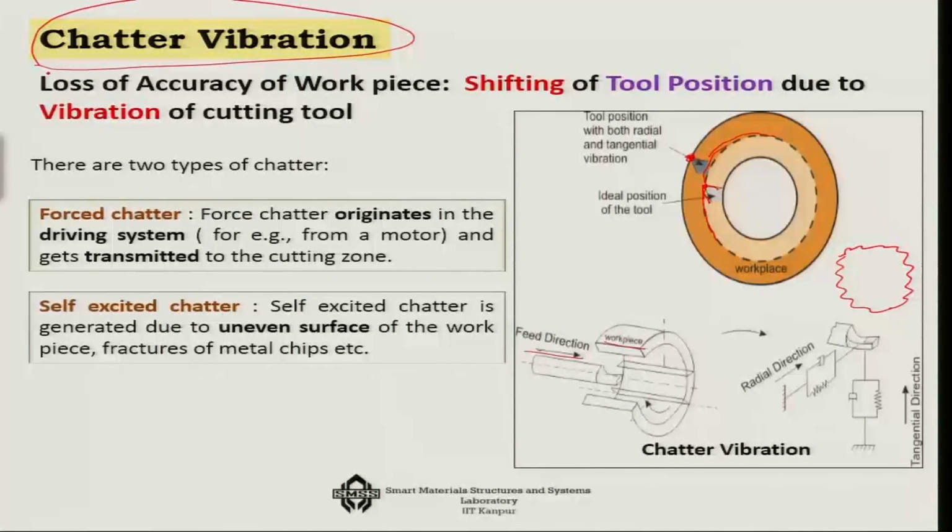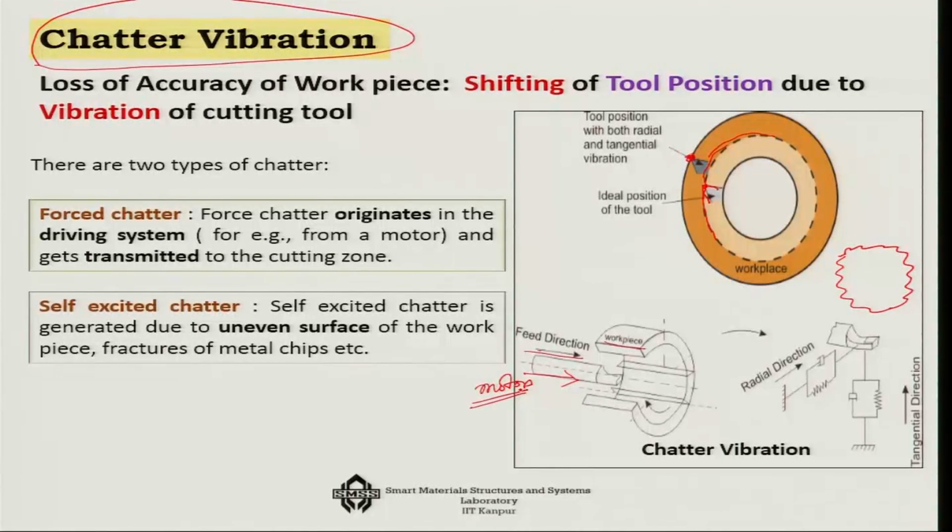In fact, there are two types of chatter that can happen. One is called forced chatter, which originates in the driving system itself. For example, there is some problem in the motor that is driving the tool, and as a result that gets transmitted to the cutting zone. So, it is coming from the motor, that is what can be a case of forced chatter.